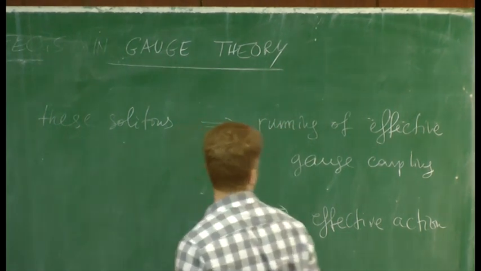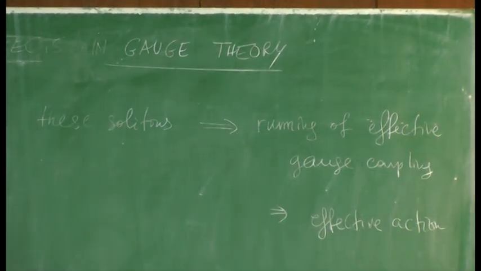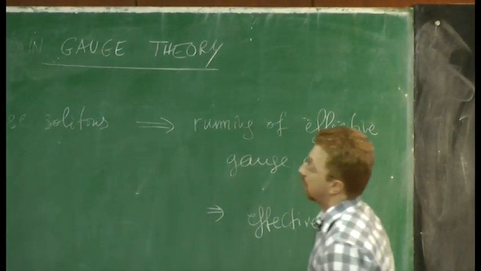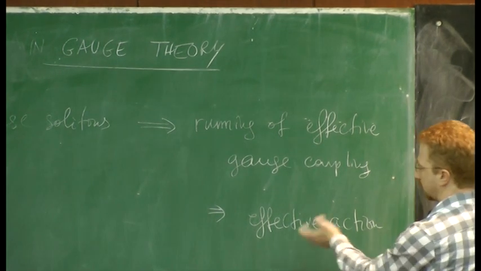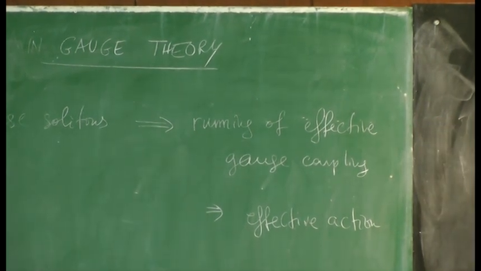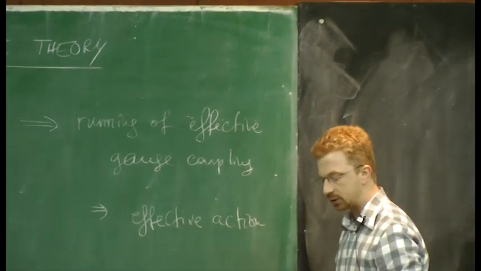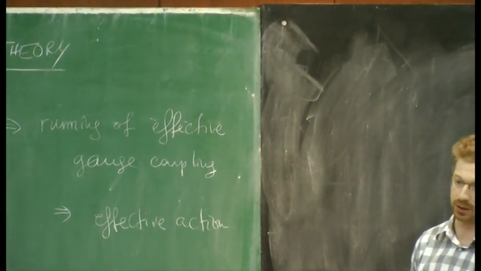Now, in order to discuss these corrections in some efficient way, I need to say a few words about what kind of structure this effective action has. And this is where the N=2 supersymmetry becomes important.